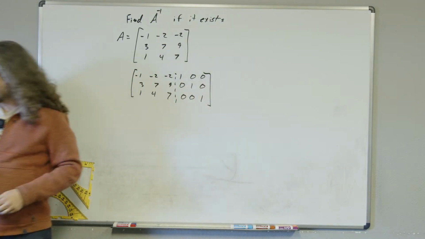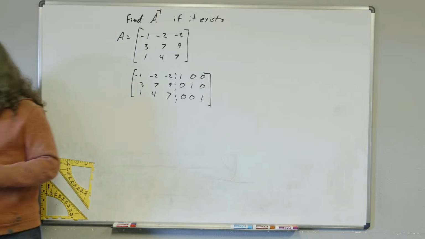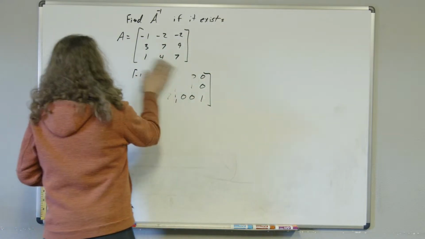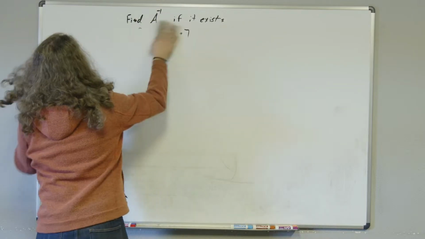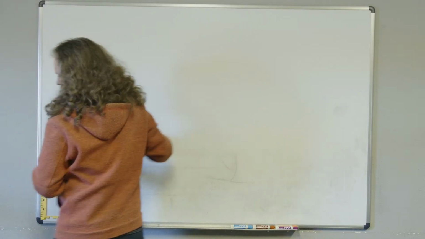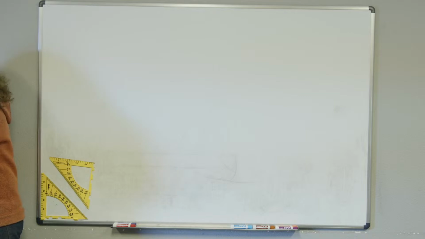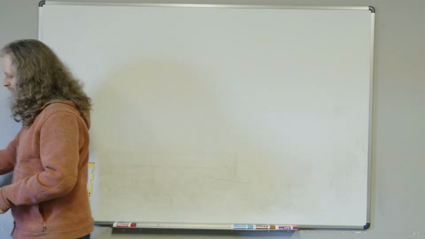Okay, so let's do the determinant and inverse, because we're going to relearn that at the same time, of a 2 by 2 matrix.